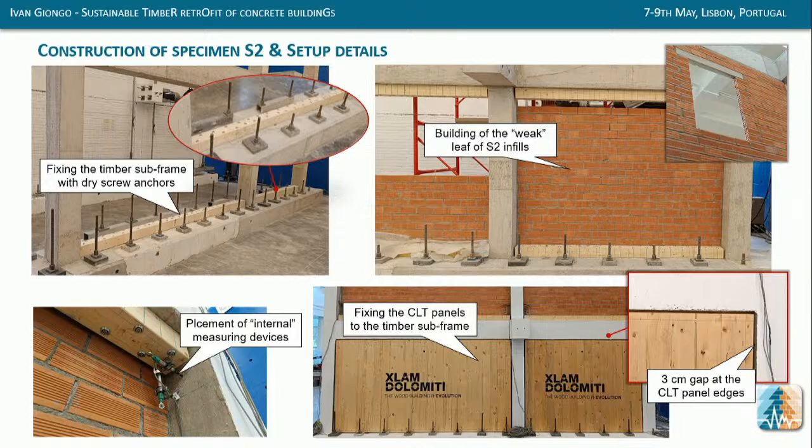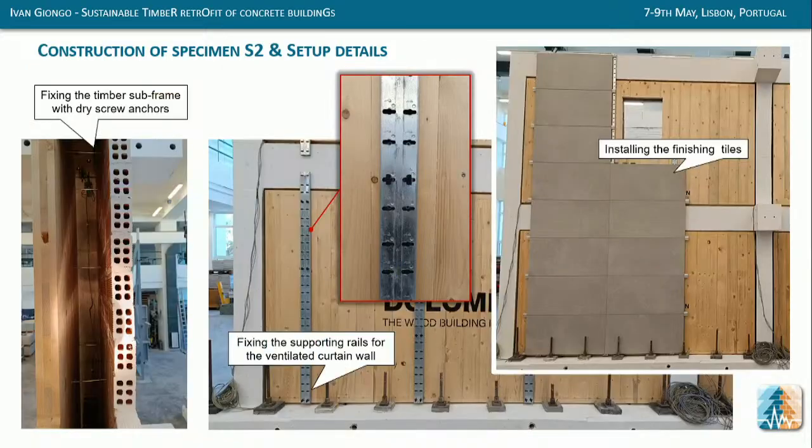And then placement of the internal measuring devices, so the ones that are measuring the performance of the timber to concrete connection. And as you can see here, then the application of the CLT panel with the gap, which is fundamental for the mechanism that we want to engage. Here you see the fasteners that were used to prevent the out-of-plane collapse of the hollow block leaf, connecting the blocks to the CLT.